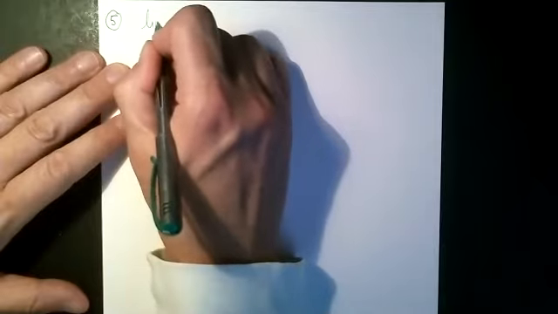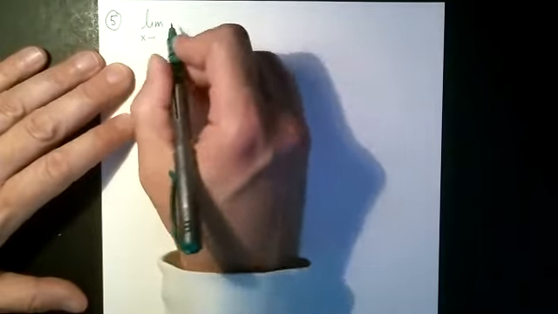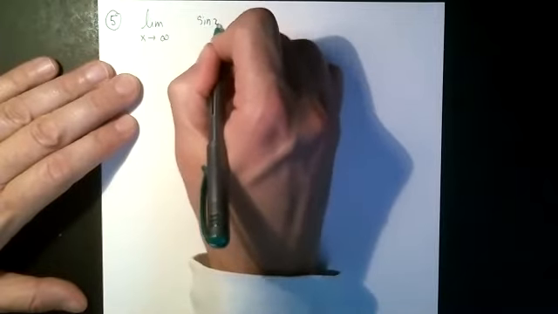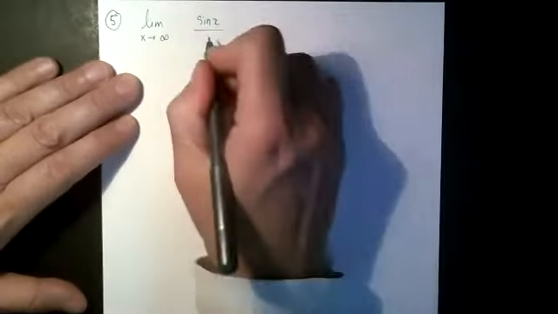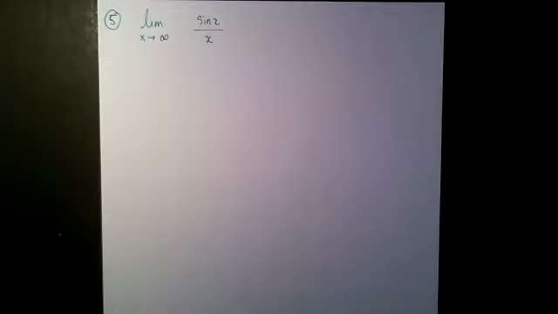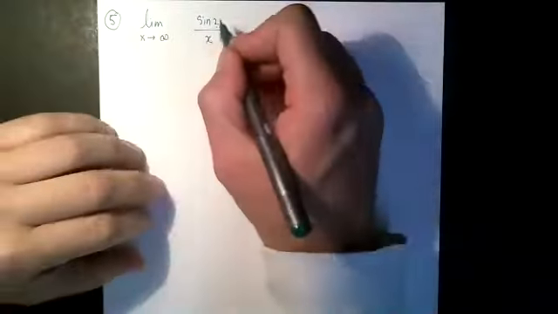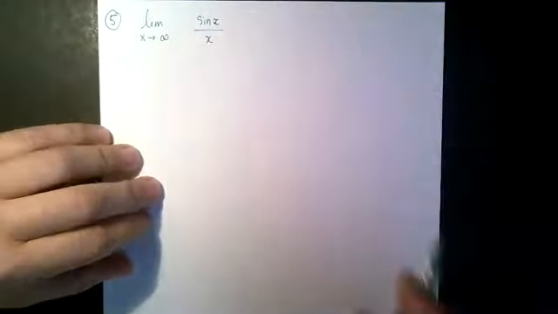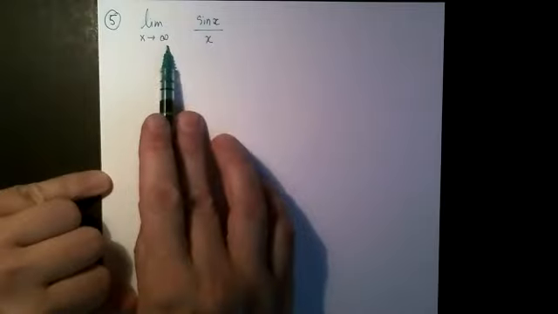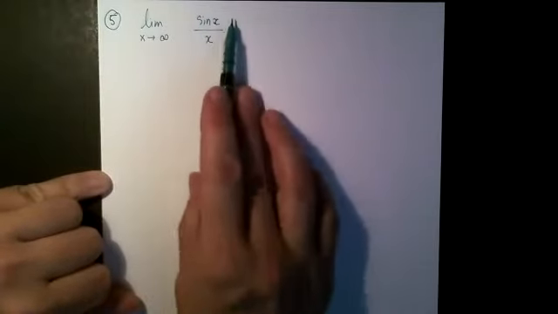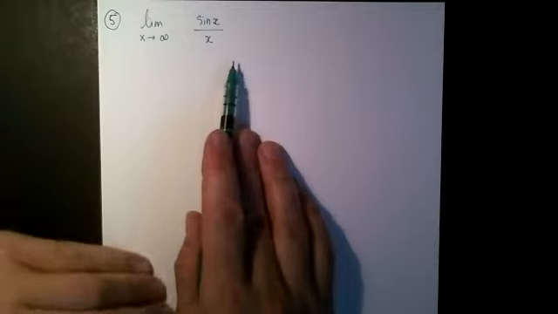The limit as x approaches infinity of sine x over x. Okay, so now I'm not approaching 0 anymore, so I can't say that it's 0 over 0, and that's not going to be 1.